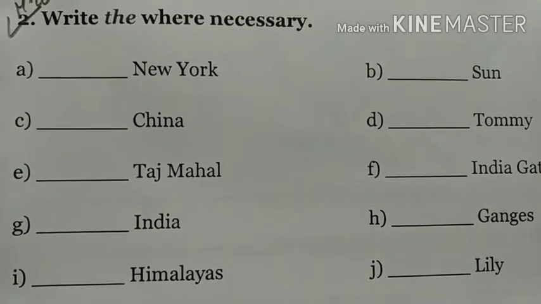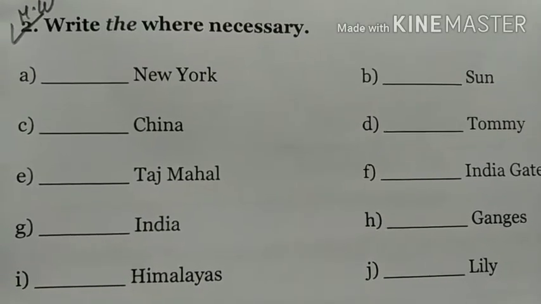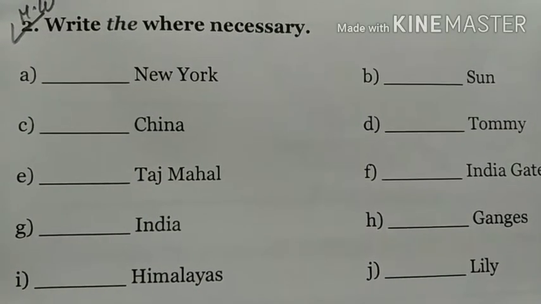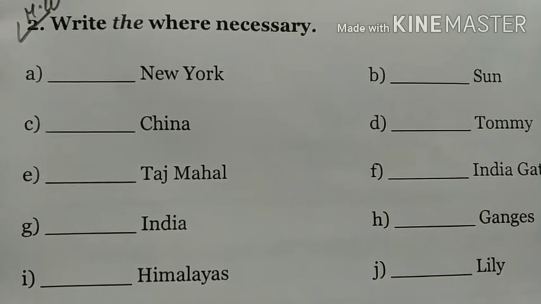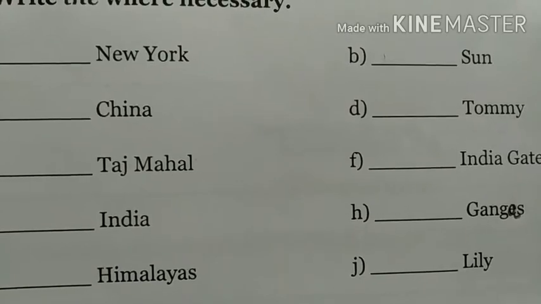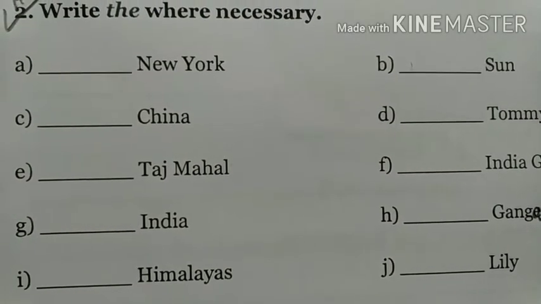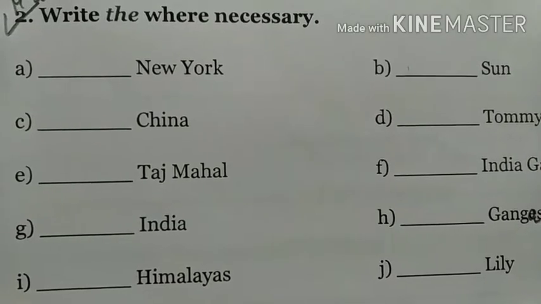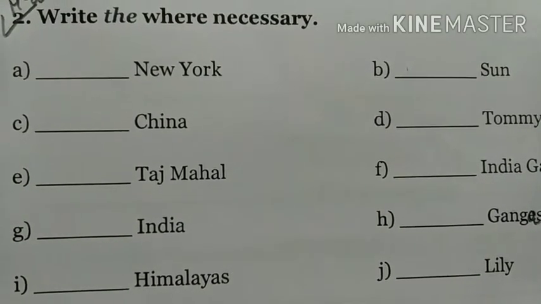F is dash India Gate. G, dash India. H, dash Ganga. Then I, dash Himalayas, and J, dash Lily.